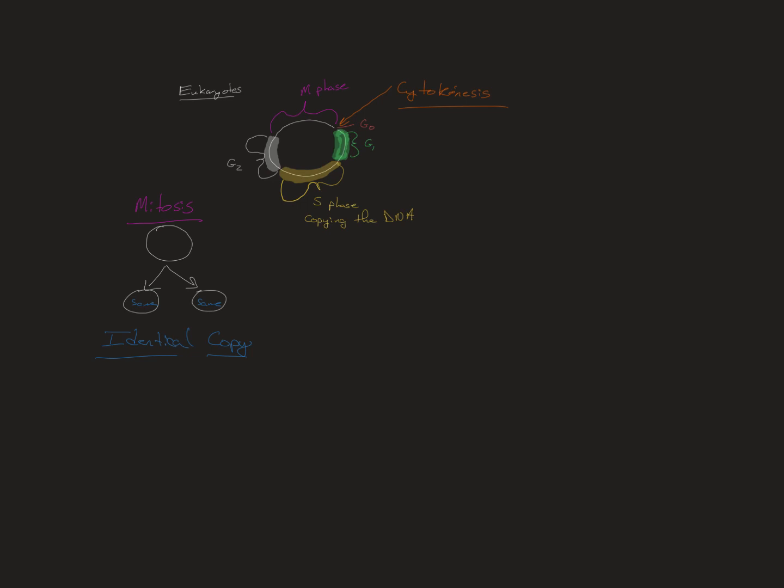They just keep growing. They get bigger, more and more complicated. As they get bigger, different tissues, different organs, they differentiate. But the DNA is the same. Why? Because you're using mitosis to grow. That's why every cell in your body has the same DNA, because you're copying the DNA and you're not changing it.